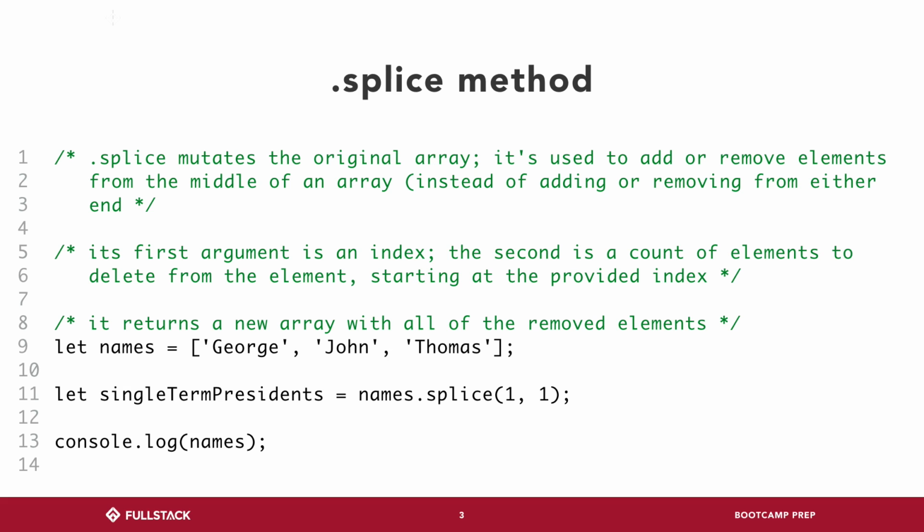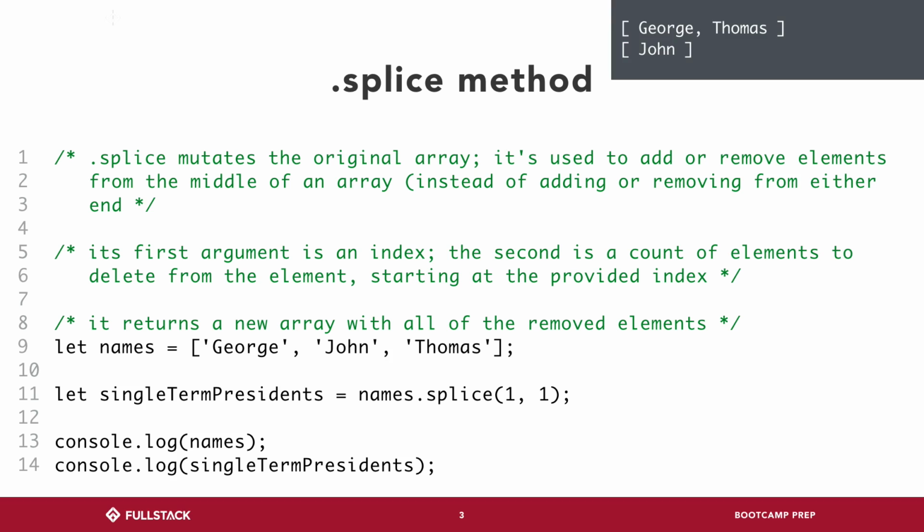So when you console log names, actually it cuts George. I guess it cuts this element. Starting at this element, it cuts that. So if you had 2, then it would start at 1, and then it would cut this, and then it would cut that. So right now we're only cutting 1, so it just removes John.